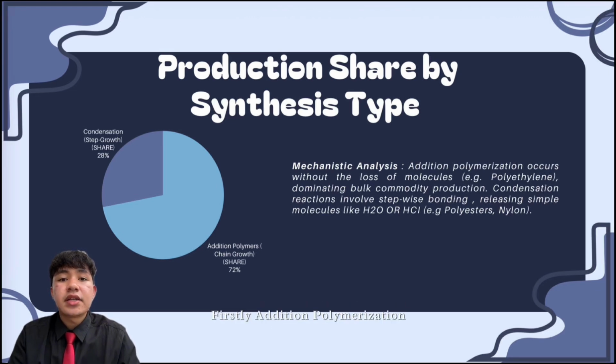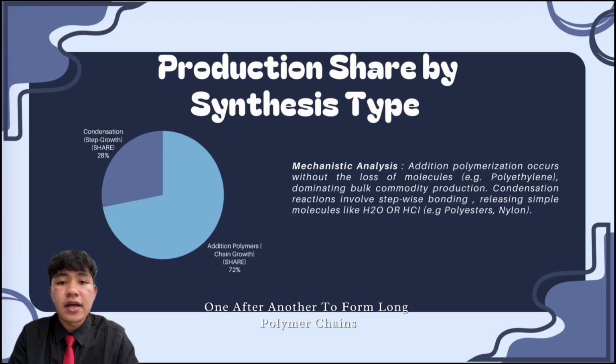Firstly, addition polymerization, also known as chain growth polymerization, occurs without the loss of molecules during the reaction process. One example is polyethylene. In this process, monomers continuously join together one after another to form long polymer chains.